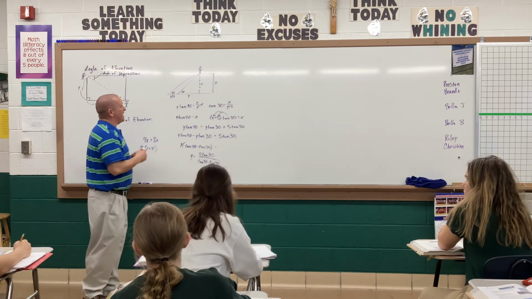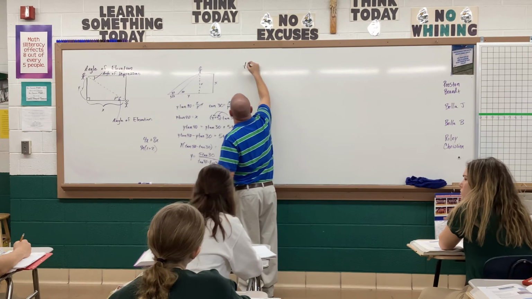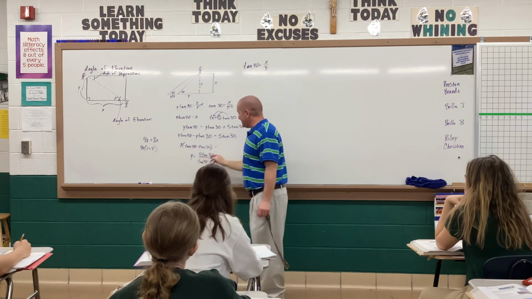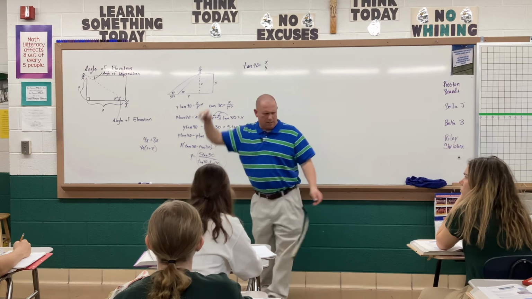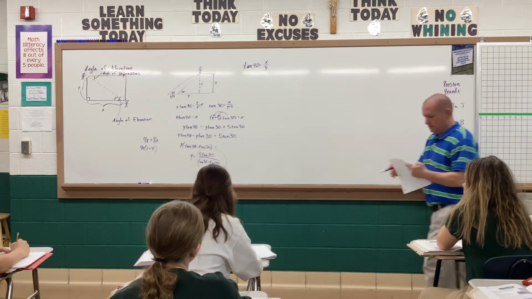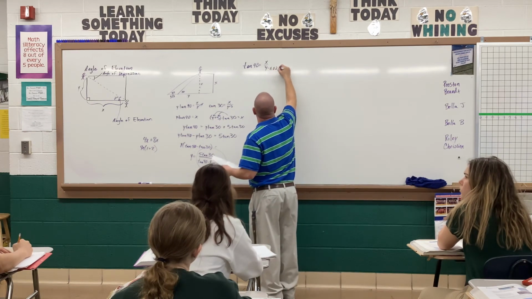Once I find out what y is, I'm going to bring it back to this original problem: tangent of 40 is equal to x over y. When I find this answer, I believe it's 11 point something. Yeah, this is 11.02 something.